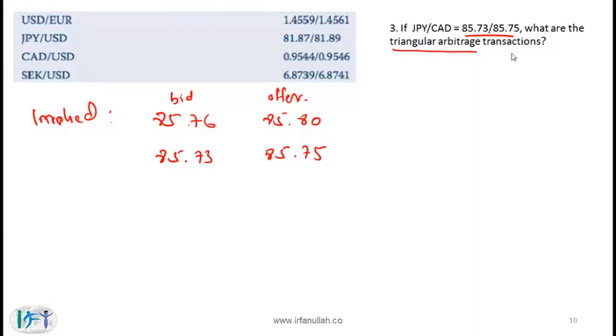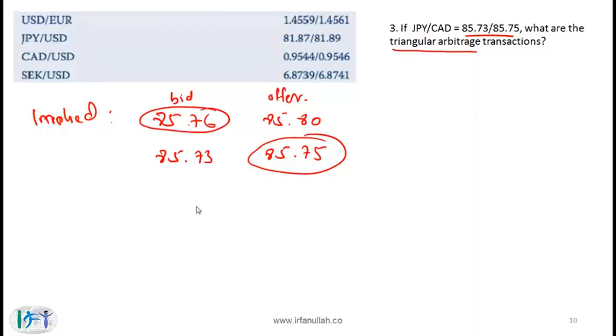Triangular arbitrage transactions refer to the set of transactions that you can conduct to make an arbitrage profit or a risk-free profit given these rates. Notice that the offer rate over here, 85.75, is lower than the implied bid.